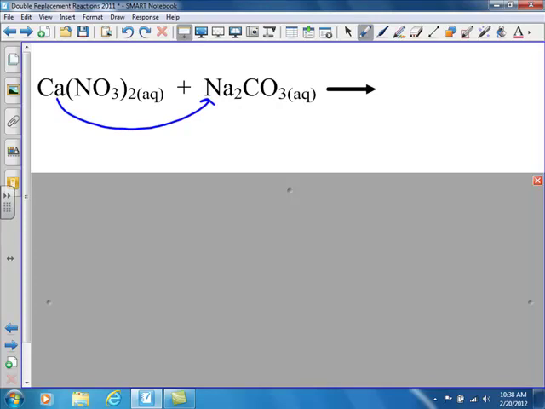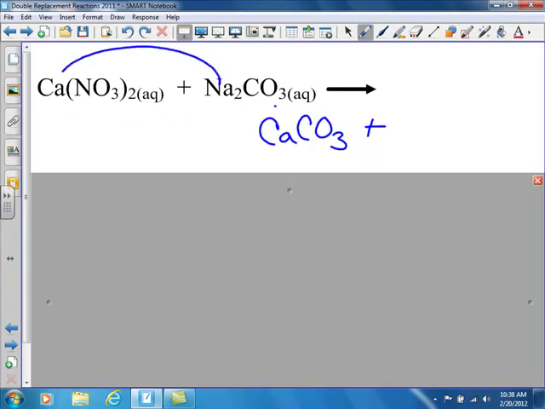So the calcium is going to react with the carbonate, and I'm going to get CaCO3. That's my first product. My second product, sodium replaces the calcium, and I'm going to get NaNO3. Okay, so those are my two products.